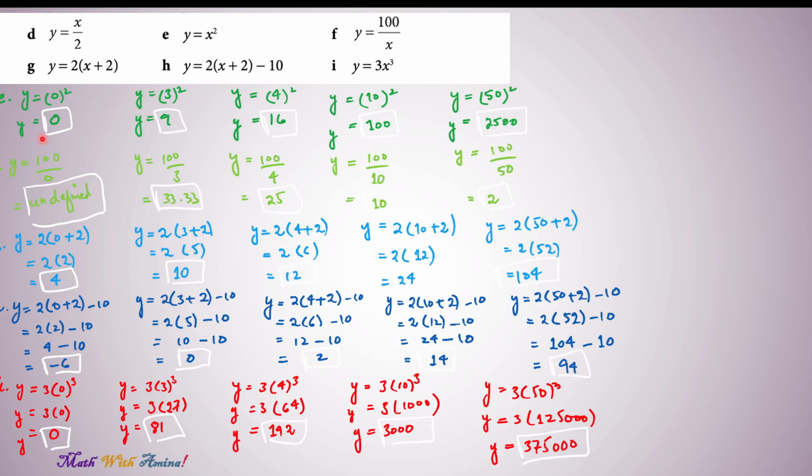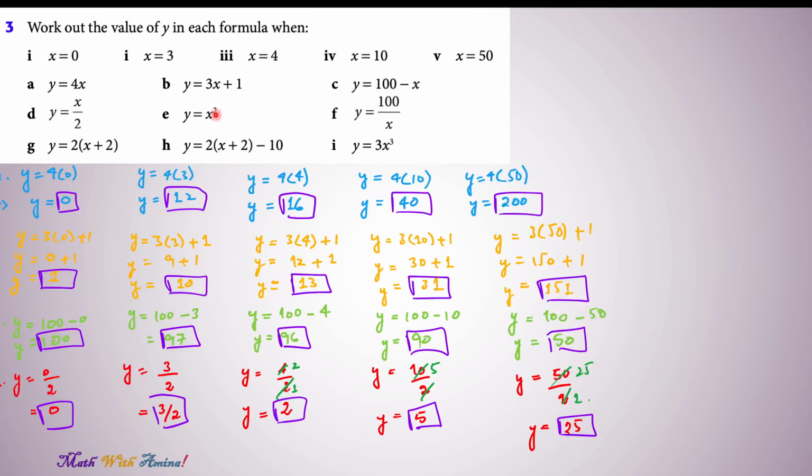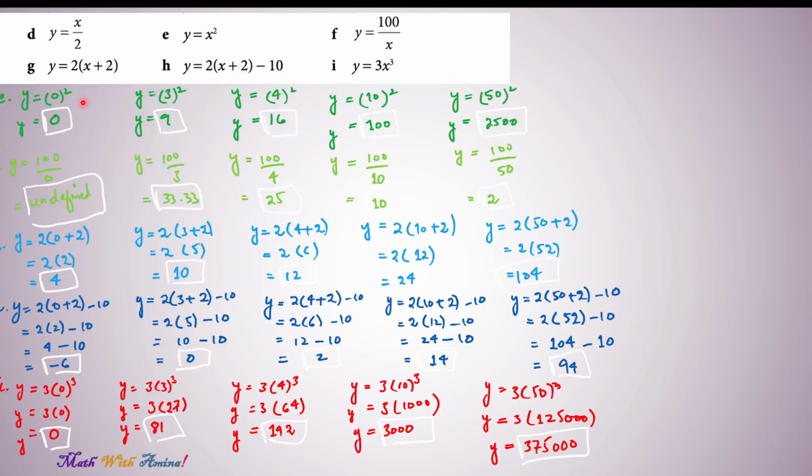Then we have the equation y is equal to x square. So 0 square, 3 square, 4 square, 10 square, and 50 square. When it is 0 square, it would be 0. When x is 0, y is also 0.